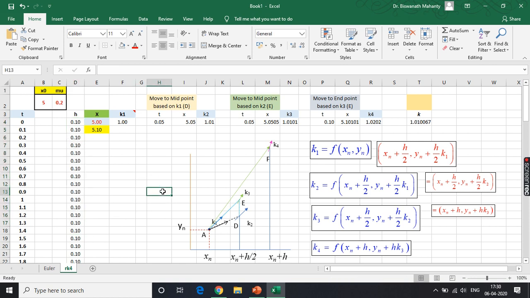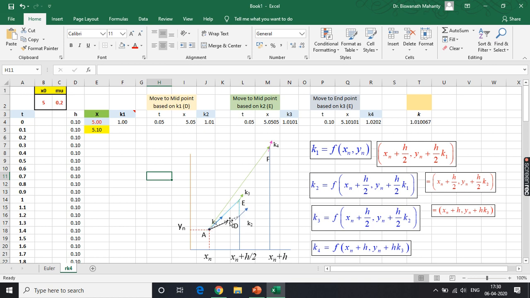Now I will do some sequence that I need to tell you. First thing is initial x. Initial t I know, initial x, that means this point, a point. Initial time I know, initial x, and the slope at point 1 is k1. So k1, that I will calculate. Then this d point is this point we have already told.